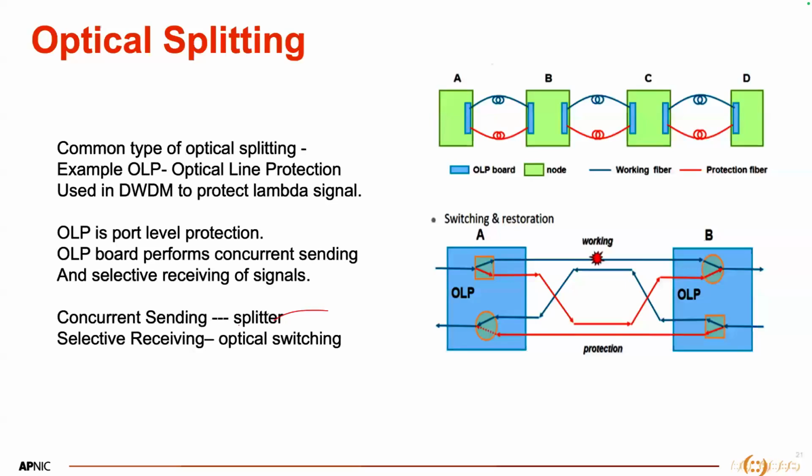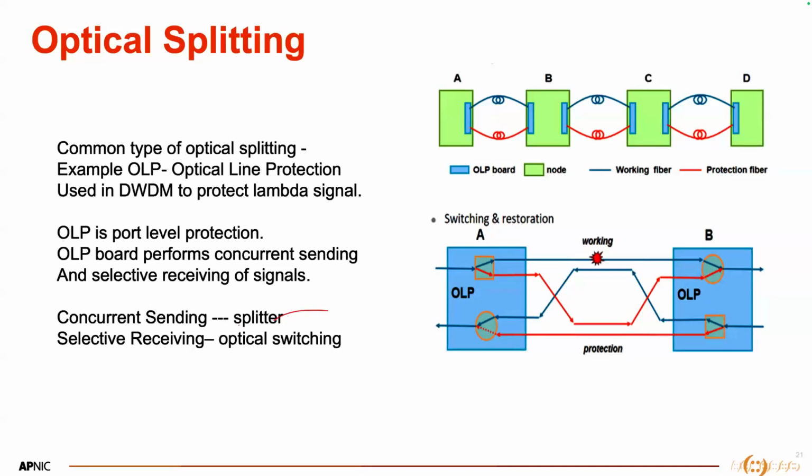Here, one signal comes into the optical line protection card, or OLP card, and there a splitter is installed. The splitter splits the signal into two different channels. It doesn't change the wavelength, it doesn't change the frequency, it just makes a copy of the primary one. So it sends the signal over two different paths.